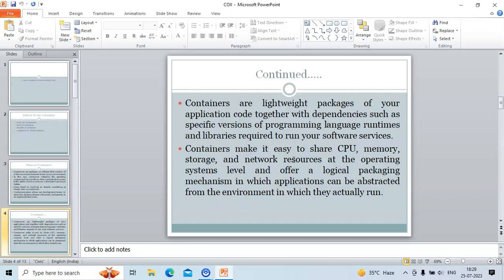Similarly, software development technologies use an approach known as containerization. Now we know what containers actually are, but the question that comes to mind is why we should care about containers, or what is the need of containers.